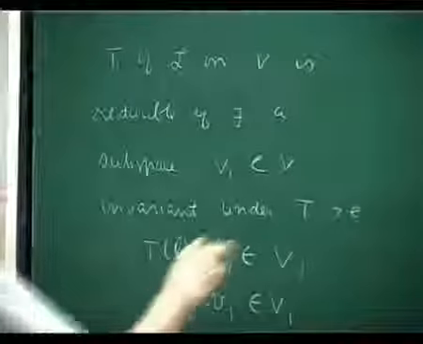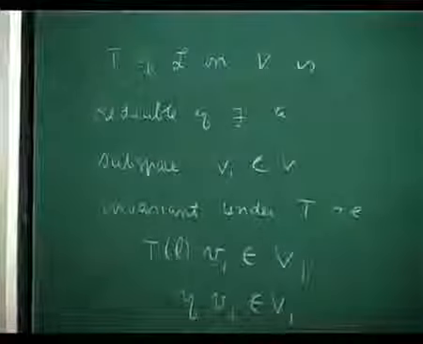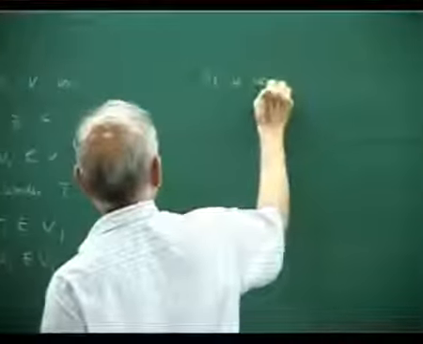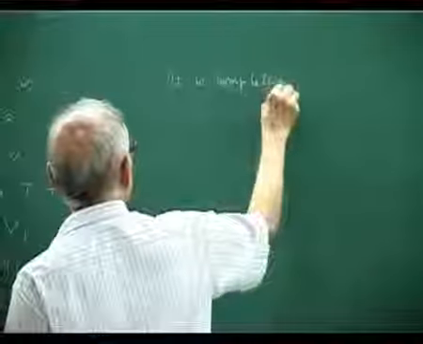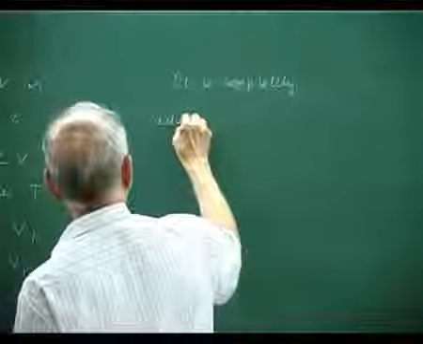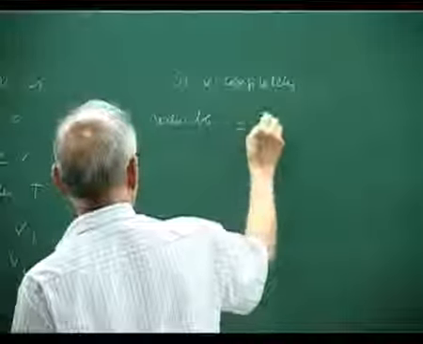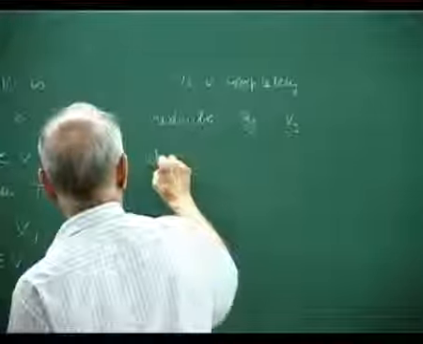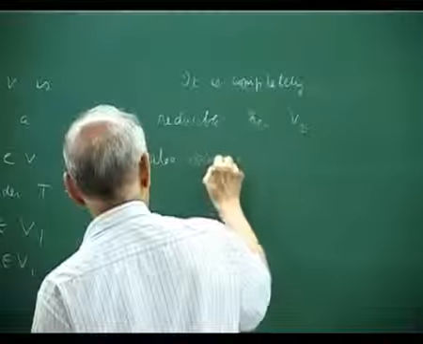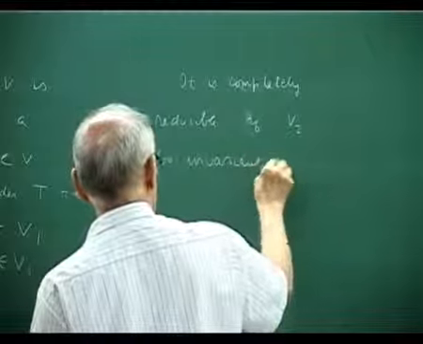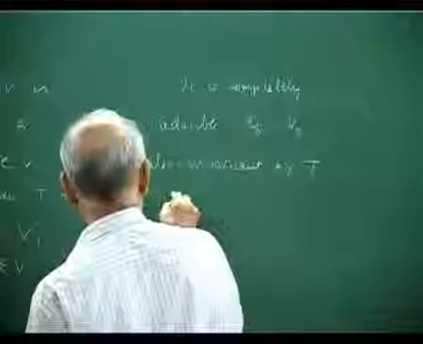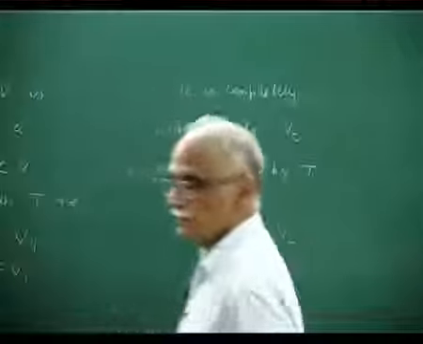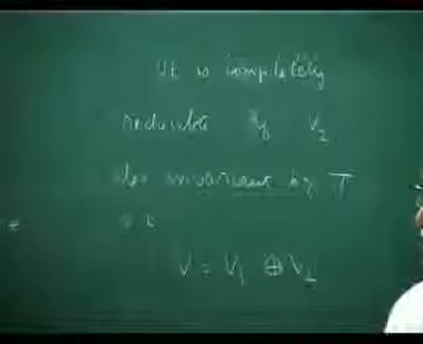So that is briefly said by this statement here. It is completely reducible if there exists V2, also invariant under T, such that V is the direct sum of V1 plus V2. Exactly as in the case of groups.